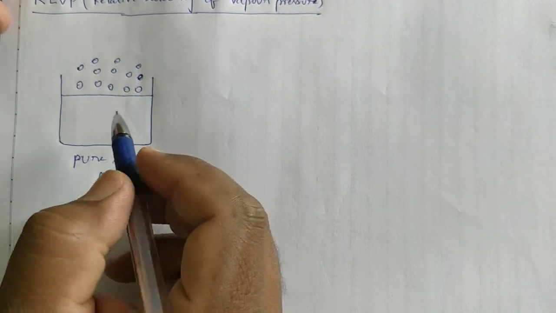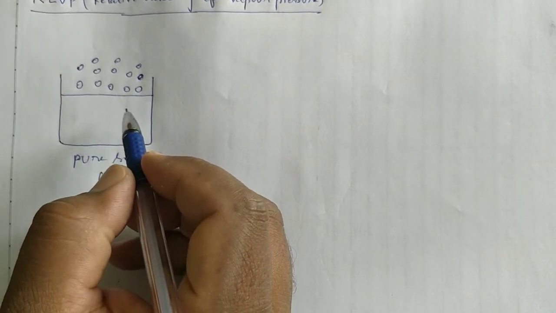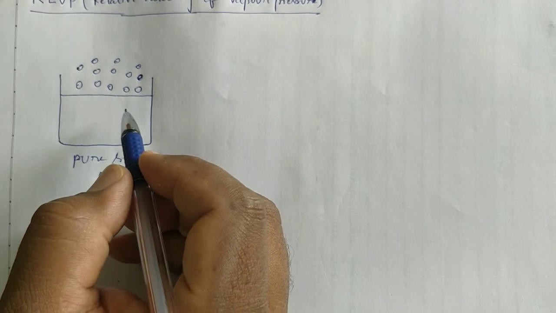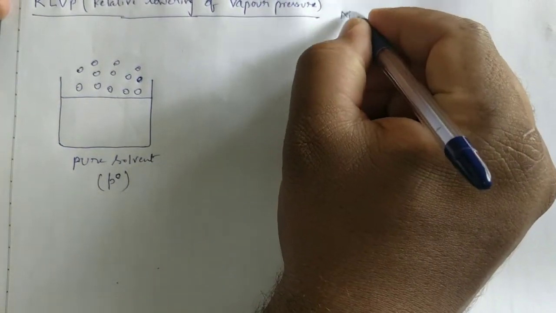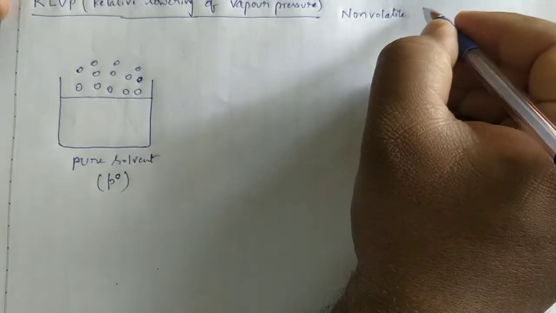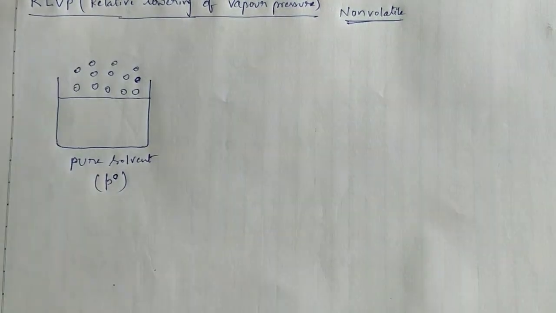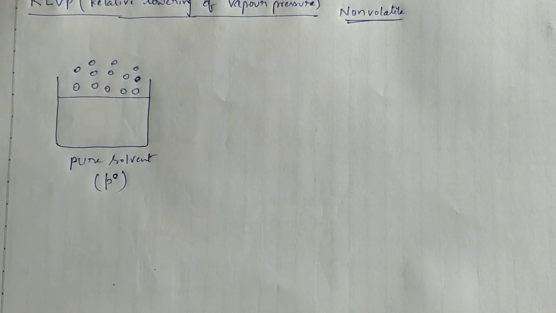Now I am going to mix a non-volatile solute into this water or solvent. What is meant by non-volatile solute? Non-volatile means there is no chance of that solid being converted to gaseous state.